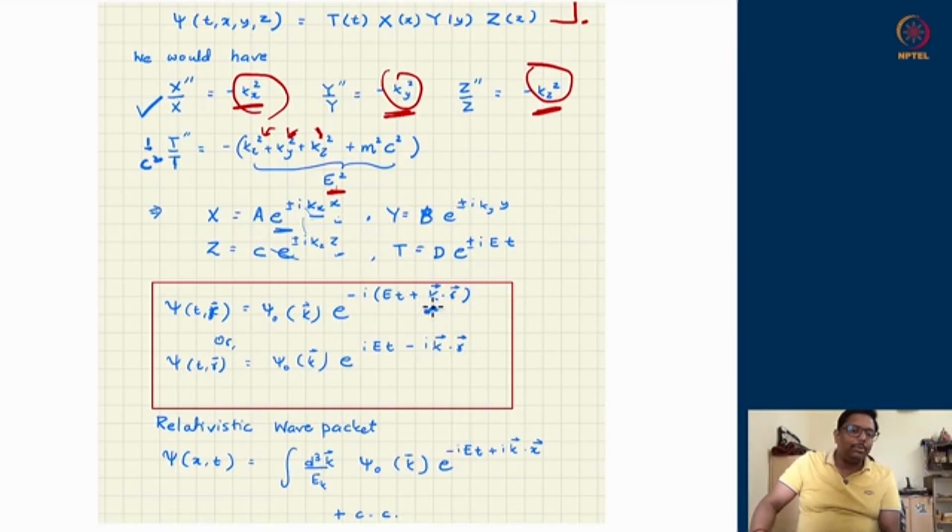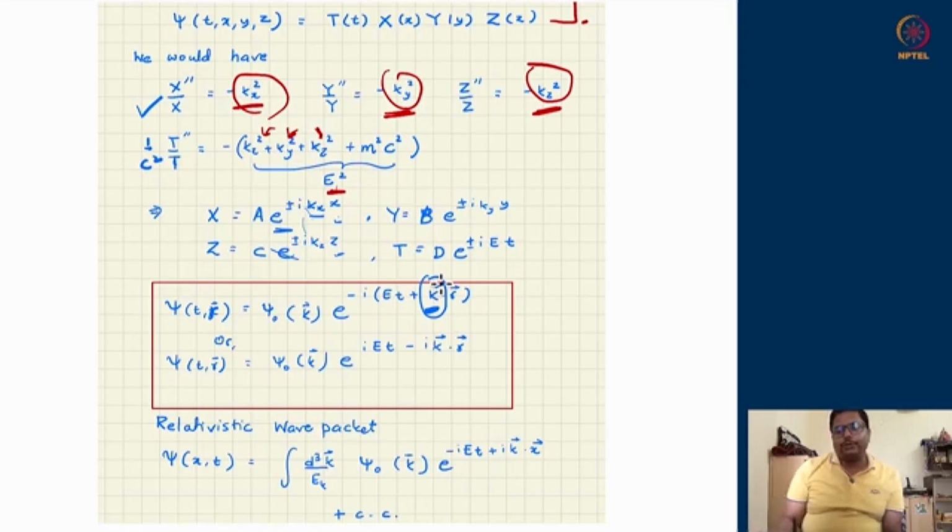The vector k's components along x, y, z will be decided upon what constant you have chosen for kx, what constant you have chosen for ky, and what constant you have chosen for kz. So any constant or any signature, together they will generate some spatial vector k. So all the sign differences which are appearing differently can be captured by some k.